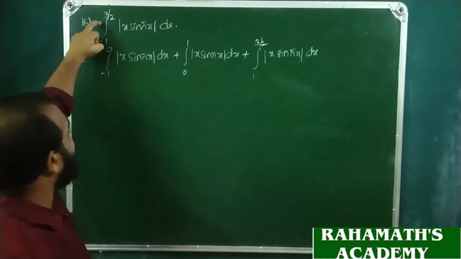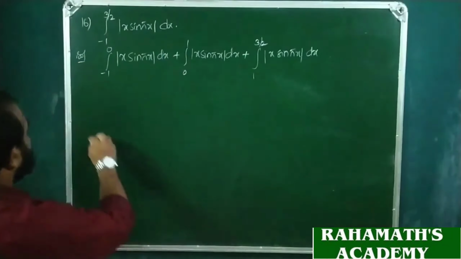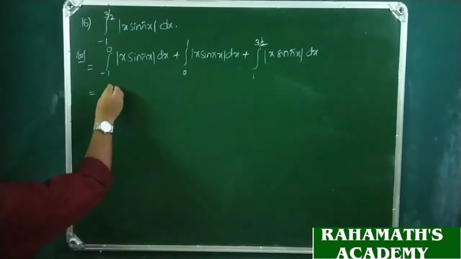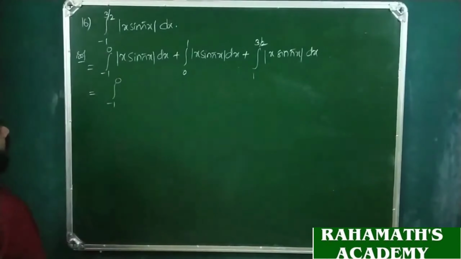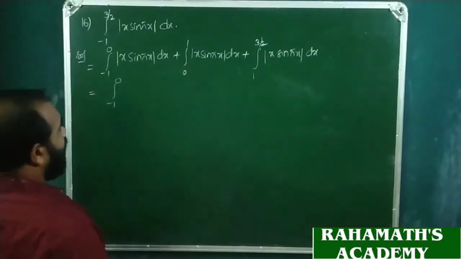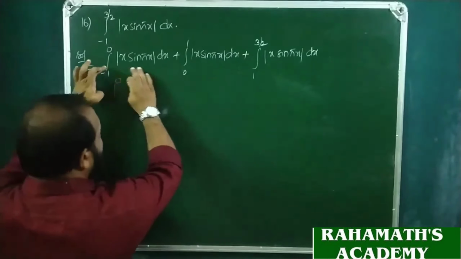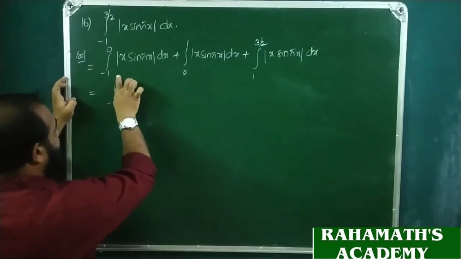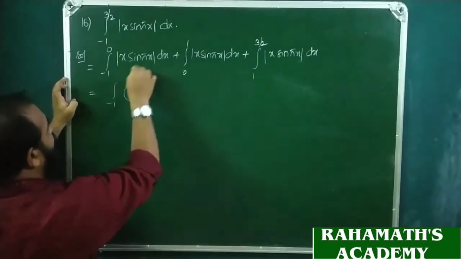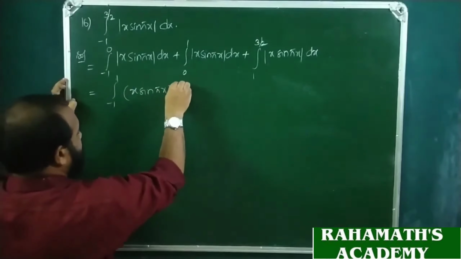So this is minus 1 to 3 by 2, split as minus 1 to 0, 0 to 1, 1 to 3 by 2. For minus 1 to 0, the value is positive that we have seen already, and 0 to 1, this is positive. So we can write it in one single function from minus 1 to 1, x sine pi x dx.